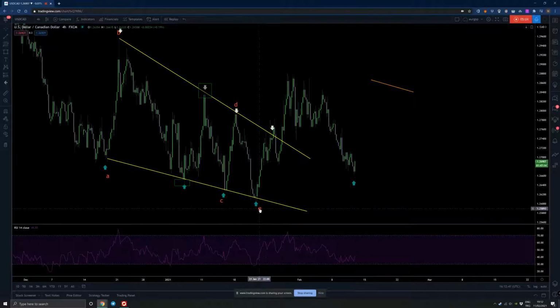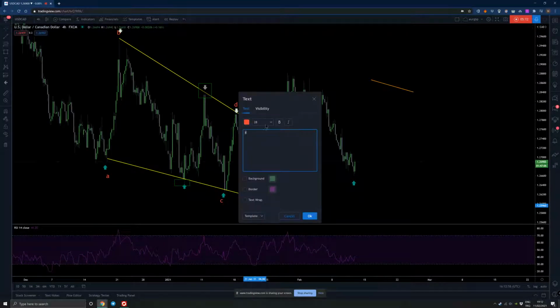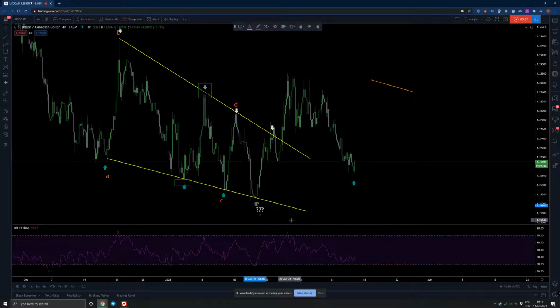So if the E wave ends somewhere around here, it means that this triangle must finish something on a larger degree, which is good, according to this count, obviously, if it's true.